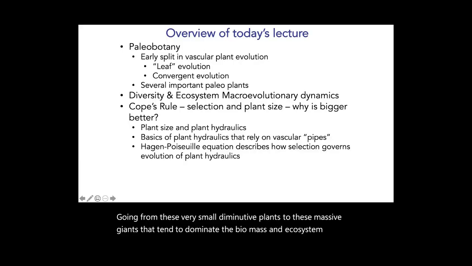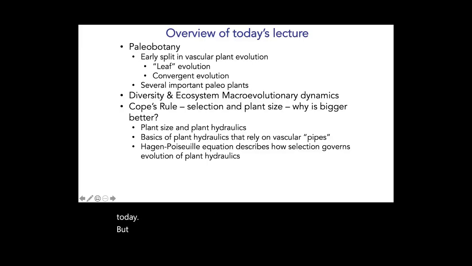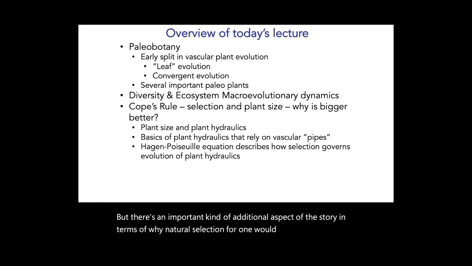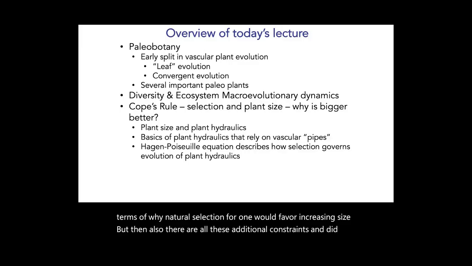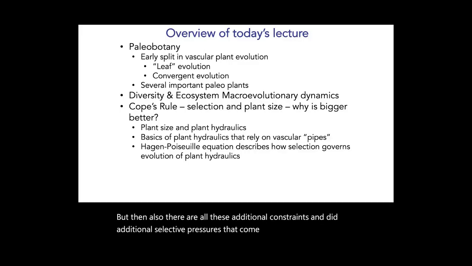today. But there's an important additional aspect of the story in terms of why natural selection would favor increasing size, but then also there are additional constraints and selective pressures that come with increasing size.